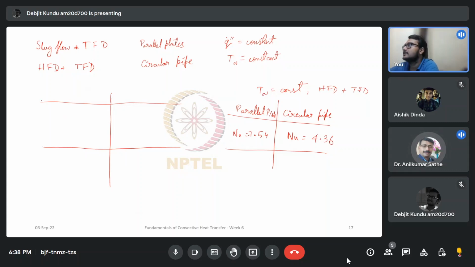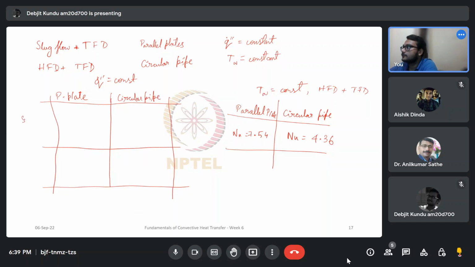And on the other hand, this is for the q equal to constant case. Again we have parallel plates in this column, and we will write circular pipes in this column.